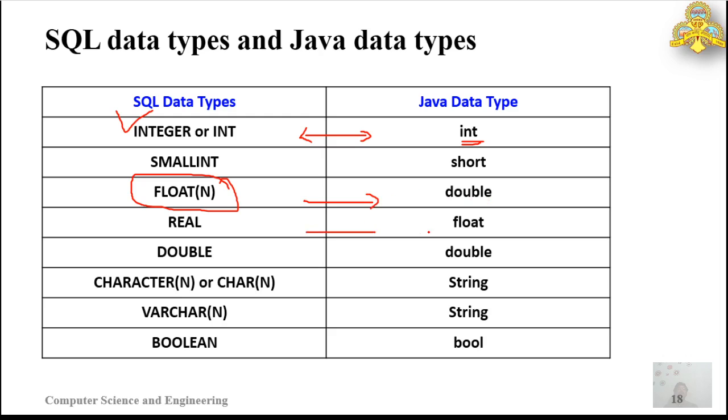Likewise, for real it is float. For double in SQL we can use double in Java, and for character and variable character we can use string in both cases. Whereas for boolean we have the bool data type in Java. These are the data type matchings between SQL and Java.